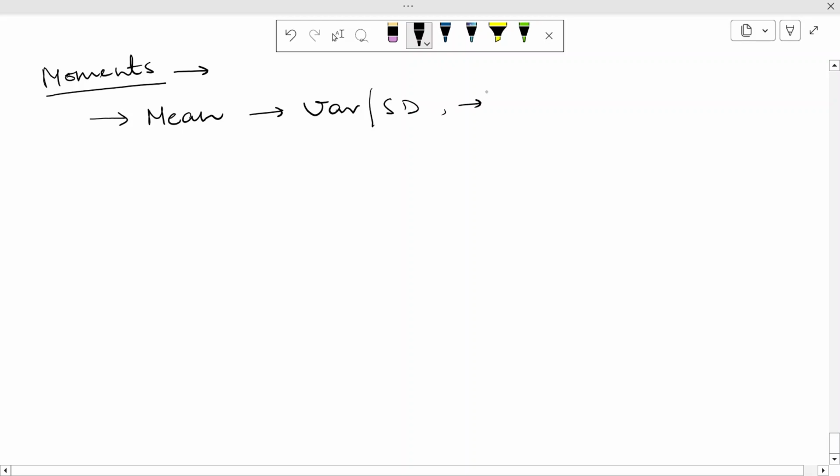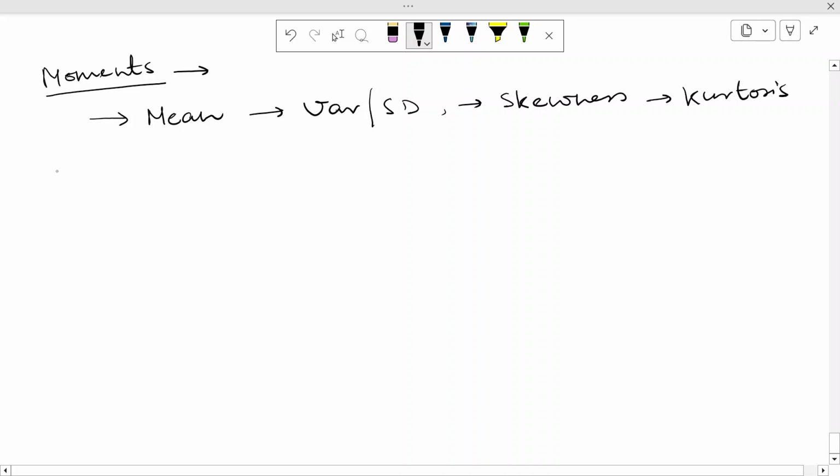And similarly we are also looking for two more characteristics, which are skewness and kurtosis. Okay, so we are looking for these characteristics of the data, and we can determine all of them once we have the moments with us.